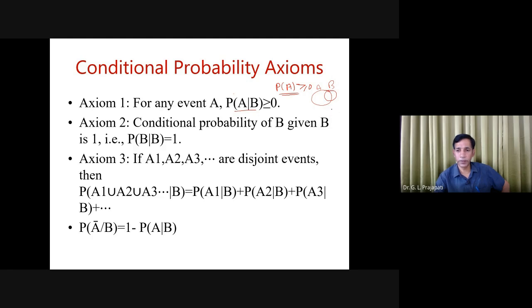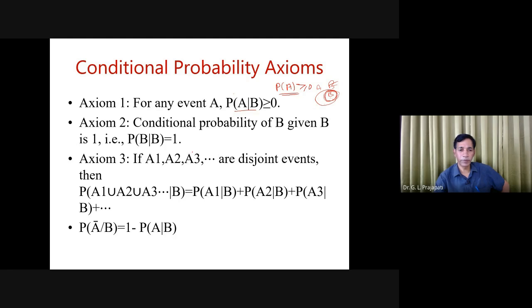You can say, this is A and this is B. If B has occurred, the intersection of A and B is what? Complete B. So the number of elements in the intersection is the same as the number of elements in B.